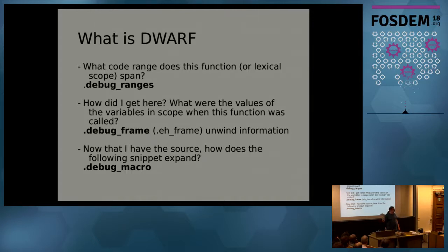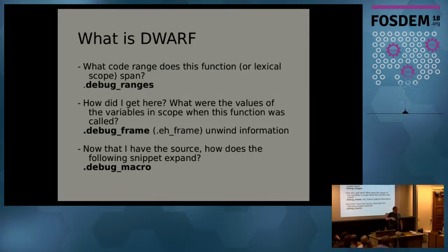You want to know how you got in a function, so DWARF provides you unwind information, not just to know where you came from, but also to get back the values of the registers when a function was called. You can inspect the values at the previous frame.